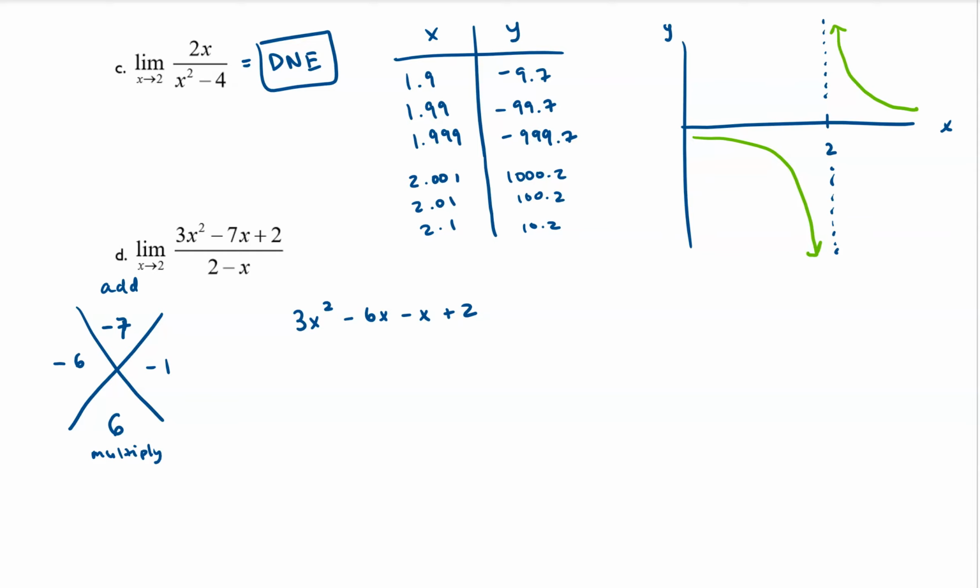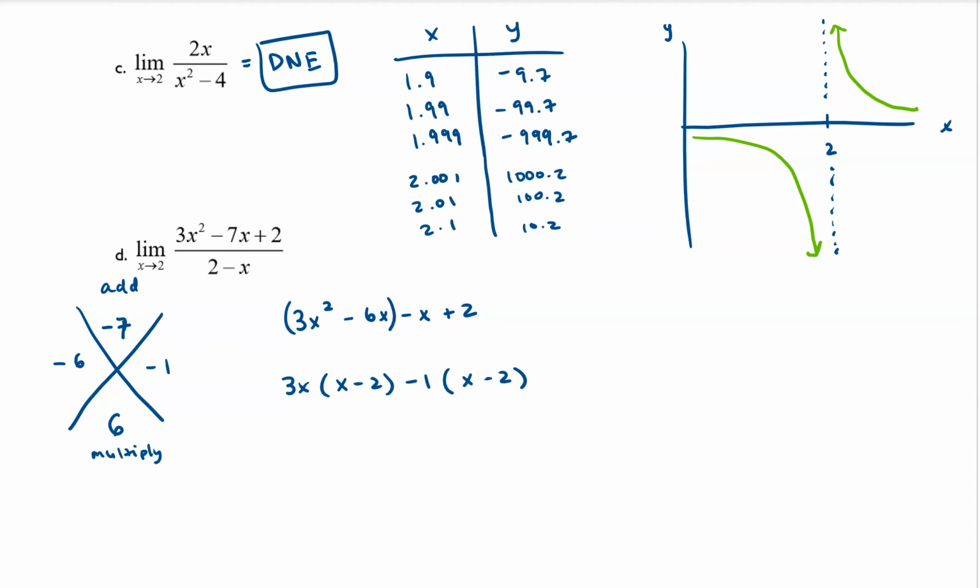And now what we can do is we can factor out any common stuff from the first two terms and the second two terms. So in the first two terms, I could factor out a 3x, and that would leave me with x minus 2. And in the second two terms, I could factor out a -1, and that would leave me with x minus 2. Now, both of these terms now have an x minus 2, and I can factor that out.